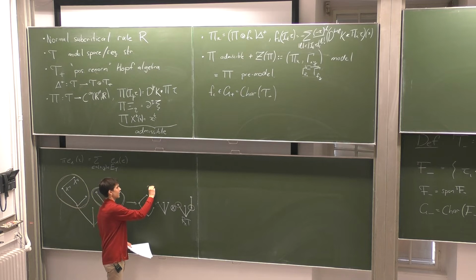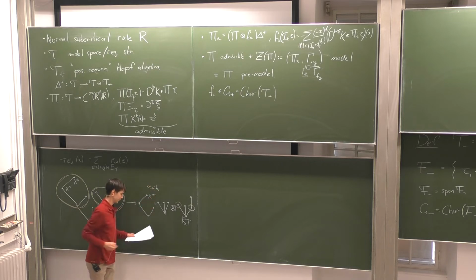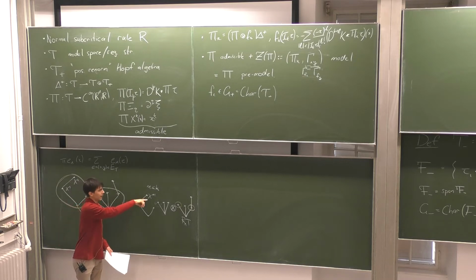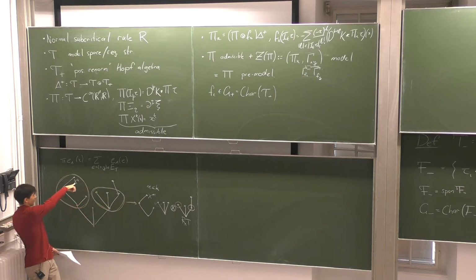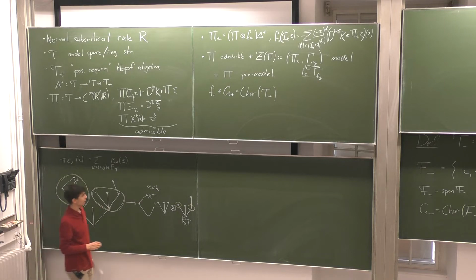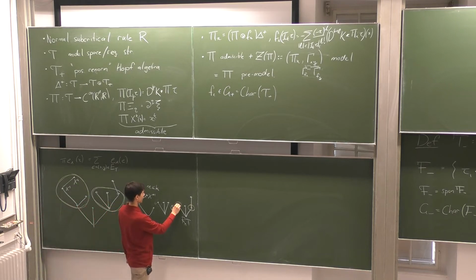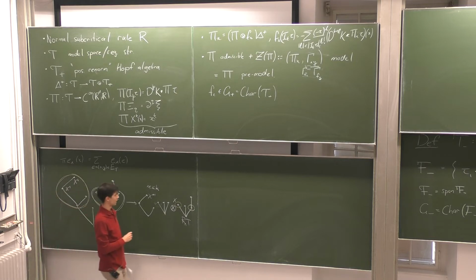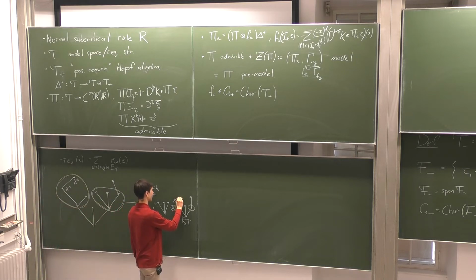So m can be anything smaller than or equal to k. So I can't put more into A than I originally had over here. And the polynomial decoration associated with this guy will become x to the, so I sum up everything that I had in the previous connected component, and I subtract what I removed.